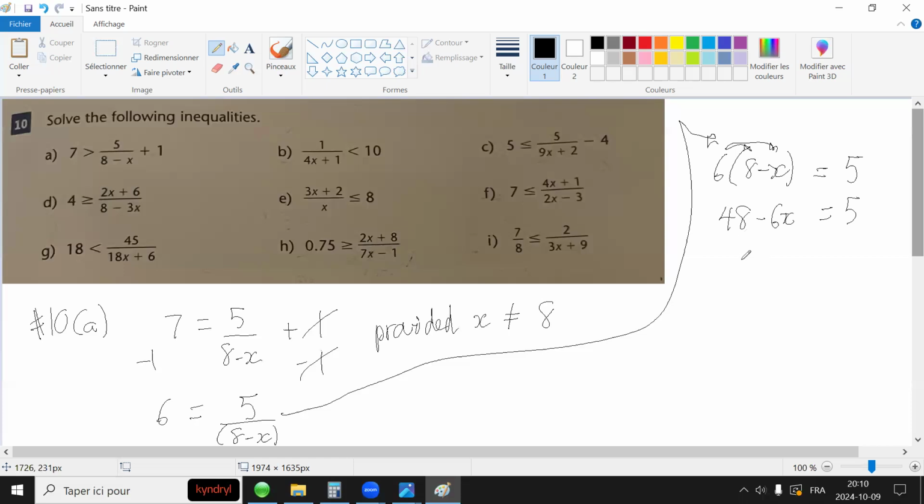So 48 minus 5 equals 43, which equals 6x. Then I have to divide by 6. So x equals 43 over 6. I know it's kind of a big number there. Have I done things correctly?